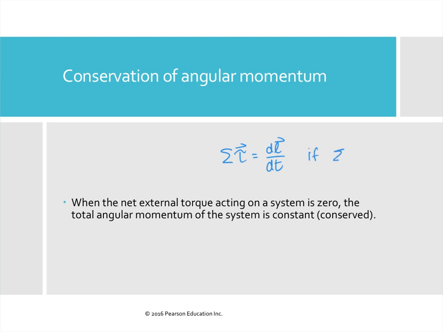If the net torque is equal to 0, then this time derivative is 0, which follows that the angular momentum must be a constant, because if we take its derivative and we get 0, that means it's a constant value. This idea has a lot of applications that we might not be familiar with, but once we see them, it'll make sense.